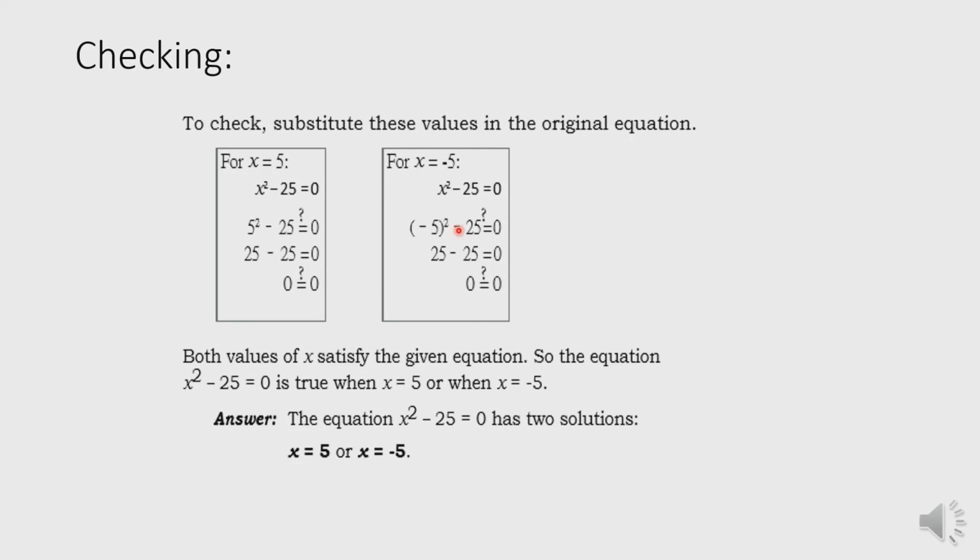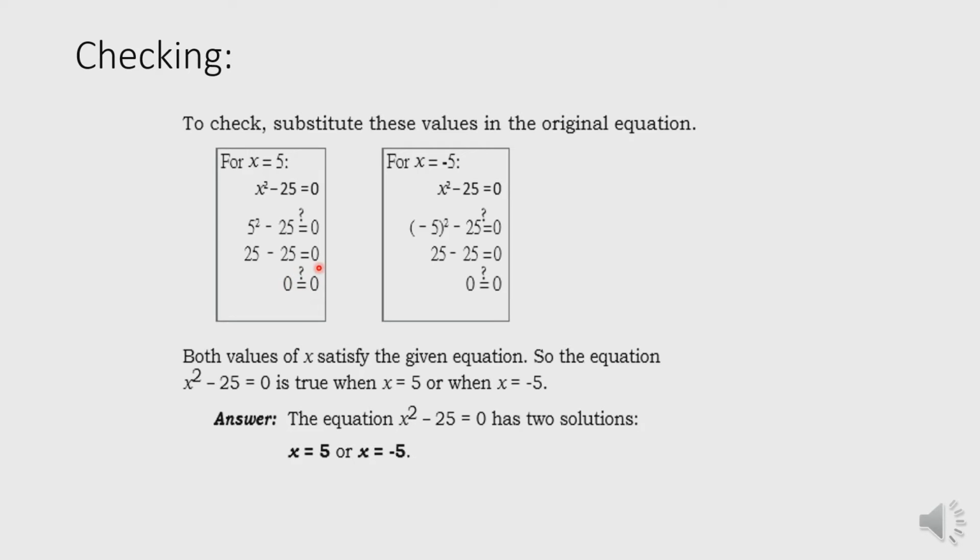Now to check, substitute these values in the original equation. Our equation x squared minus 25 equals 0. So our x sub 1 is positive 5. When you substitute the value of 5 here to x, that becomes 5 squared minus 25 equals 0. 25 minus 25 equals 0, or 0 equals 0.